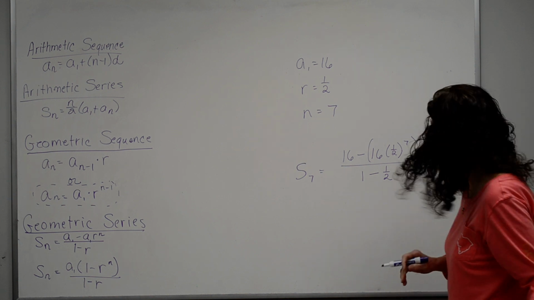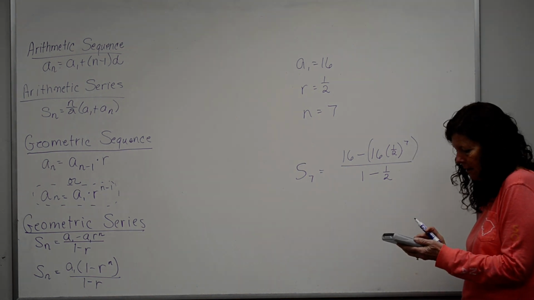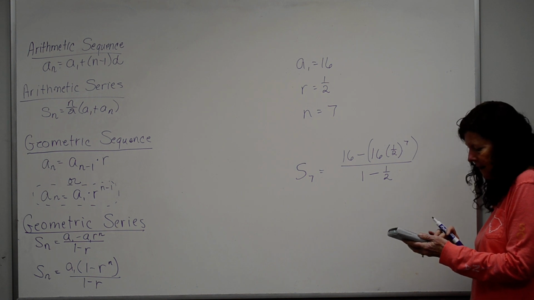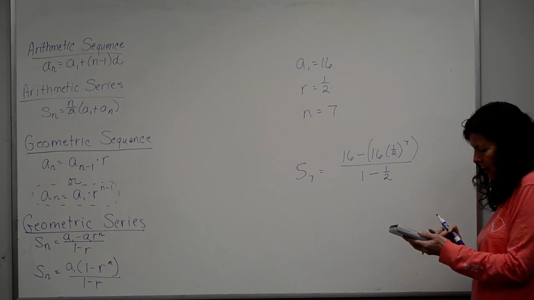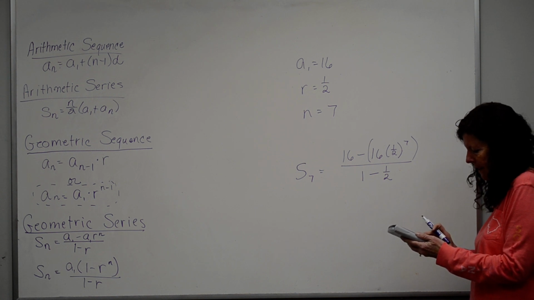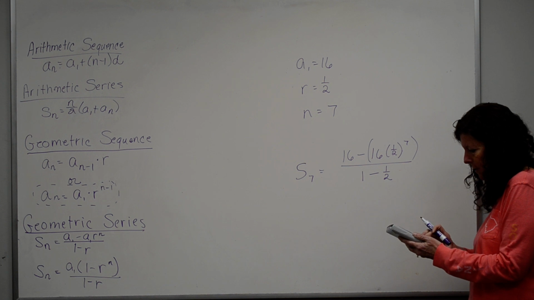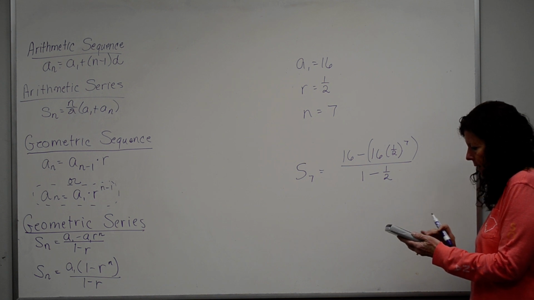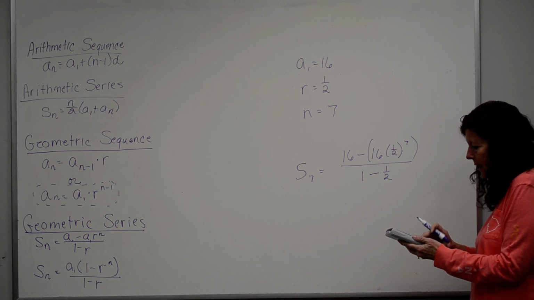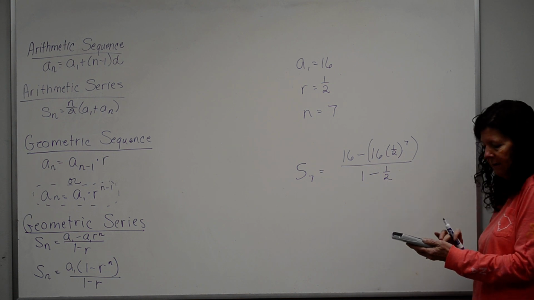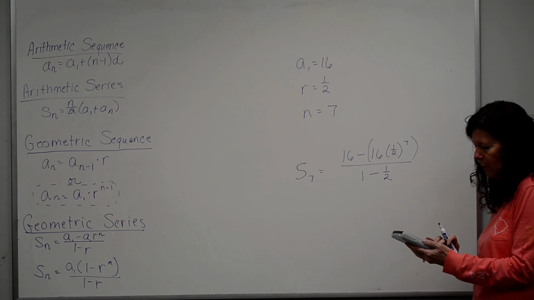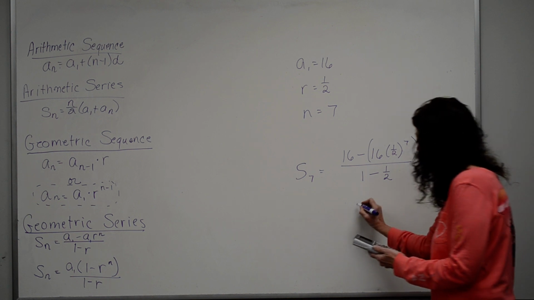So you have 16 minus parentheses, 16 times parentheses, 0.5, probably would be easier, raised to the 7th power, in the parentheses. I get an answer for that, and then I'm going to divide it by 0.5, because 1 minus 1/2 is 0.5.